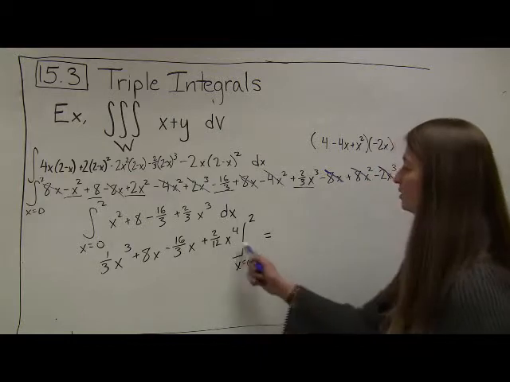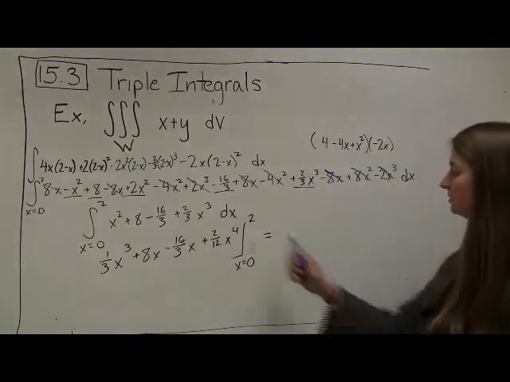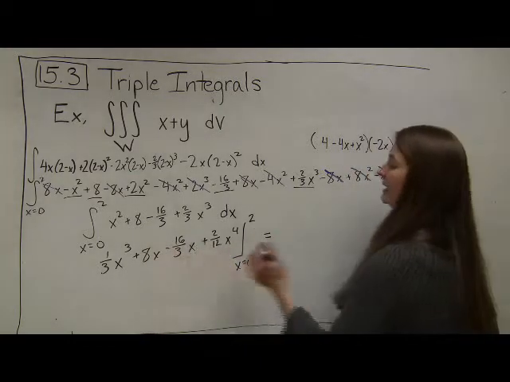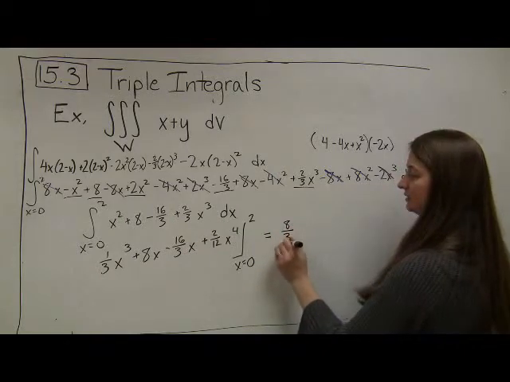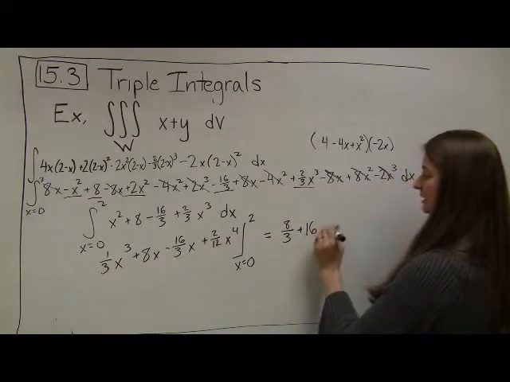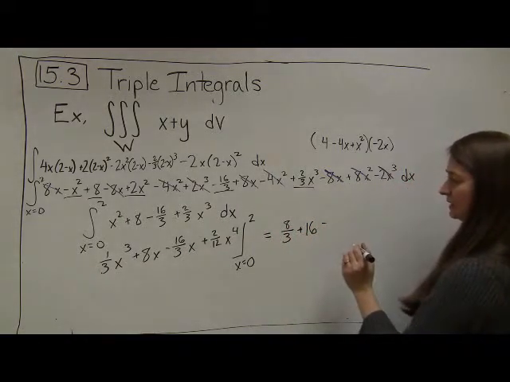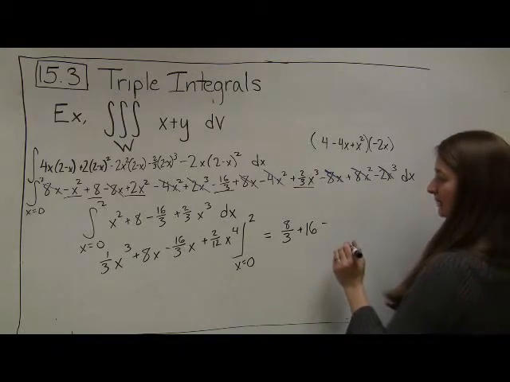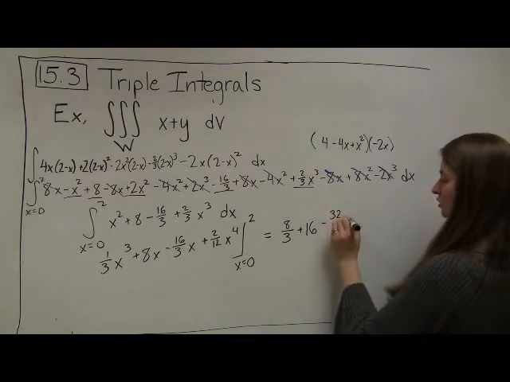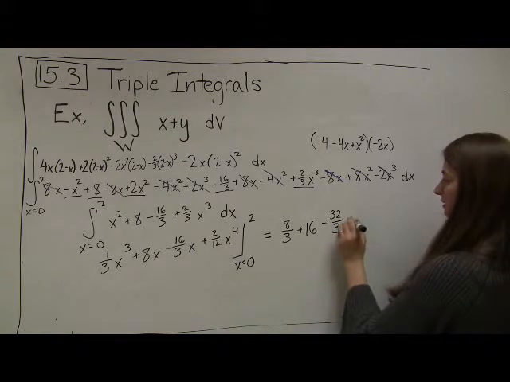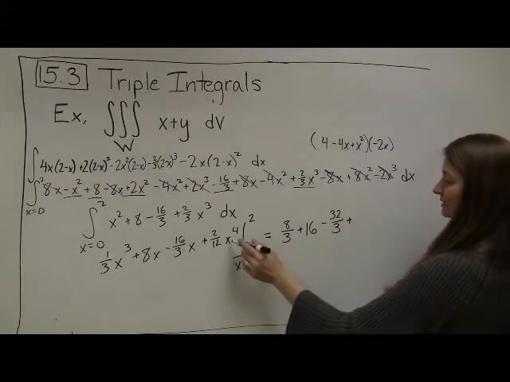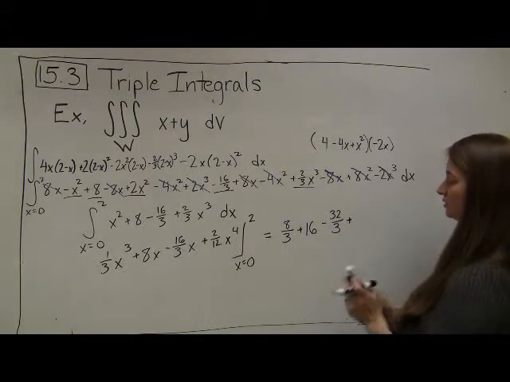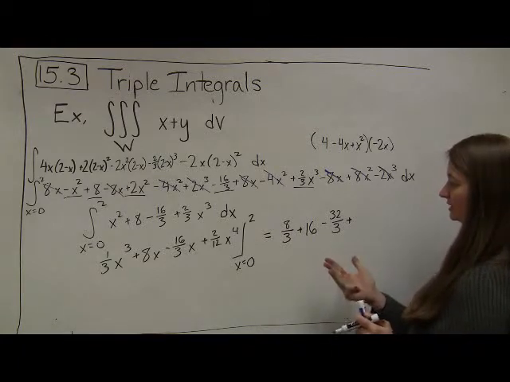When I plug in 0, all of these terms become 0. When I plug in 2, I get 8/3 plus 16 minus 32/3 plus x to the 4th. 2 to the 4th is 2, 4, 8, 16.